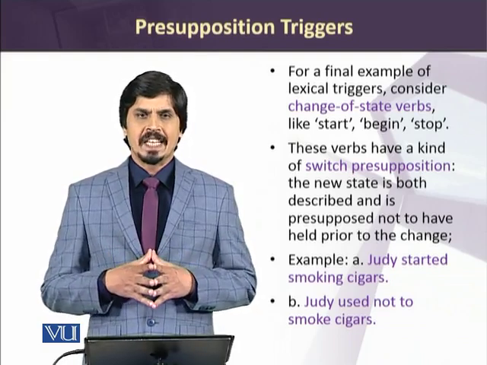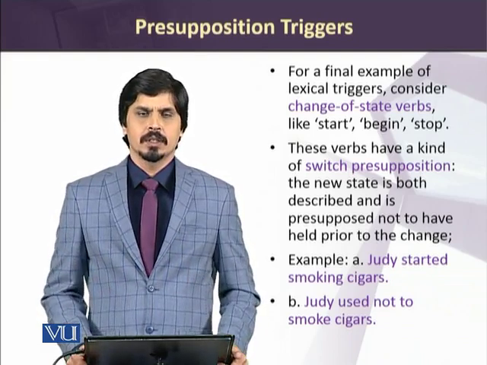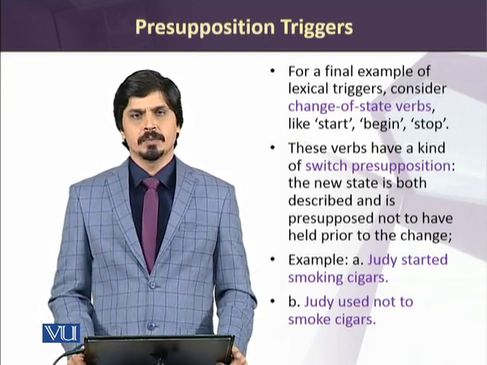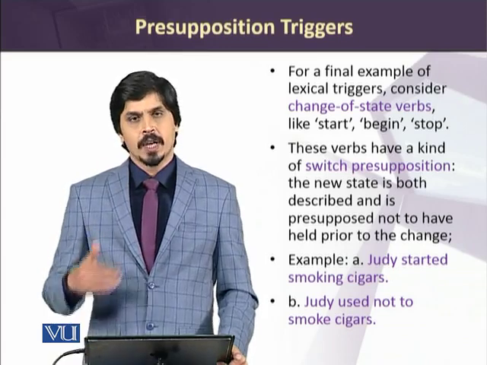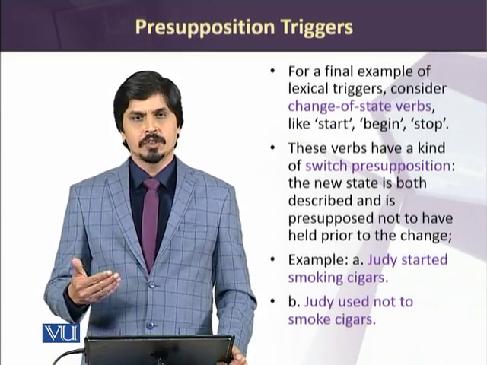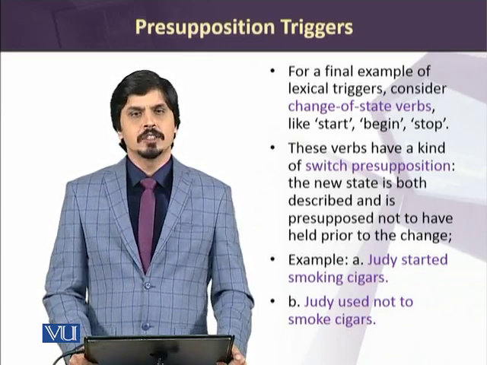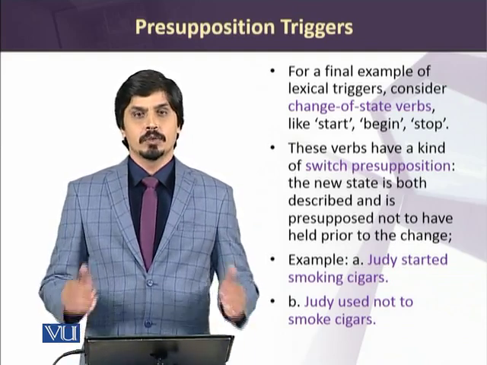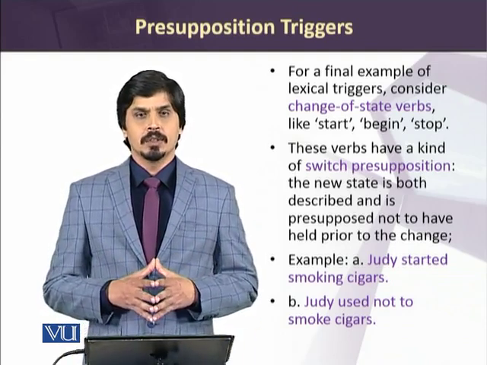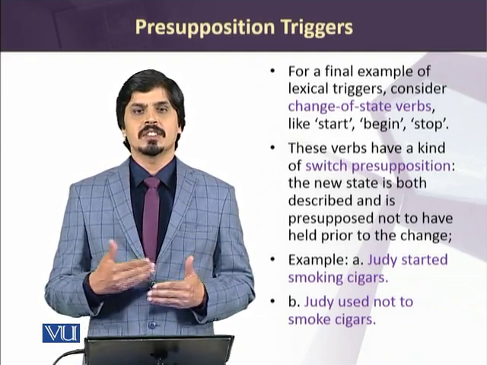These presuppositions indicate the beginning or start of something which had not existed before, or prior to what is being mentioned. We have an example here. Judy started smoking cigars. That means we can presuppose that Judy didn't used to smoke previously. She has just started it.